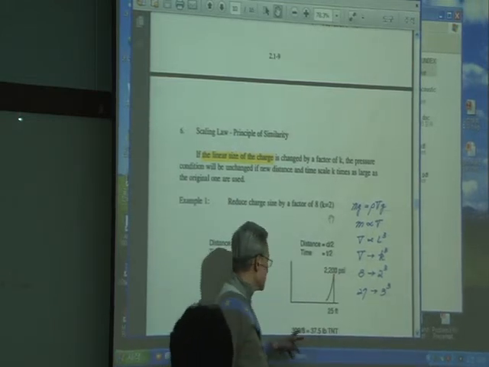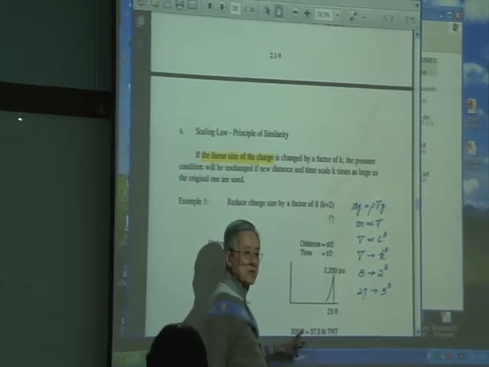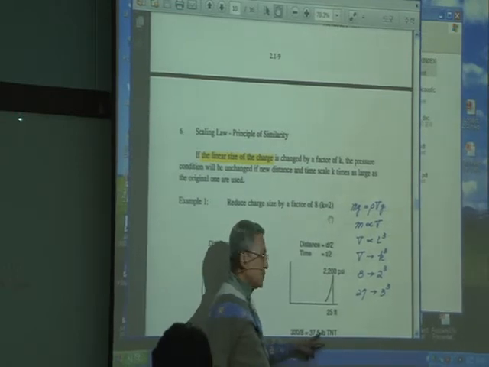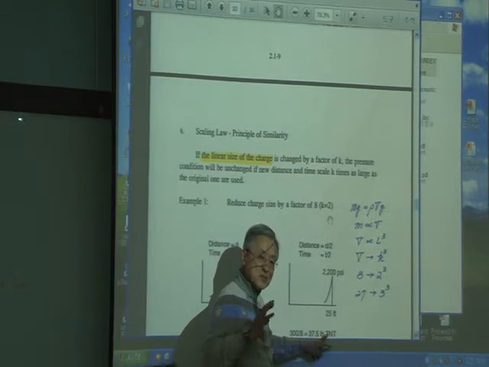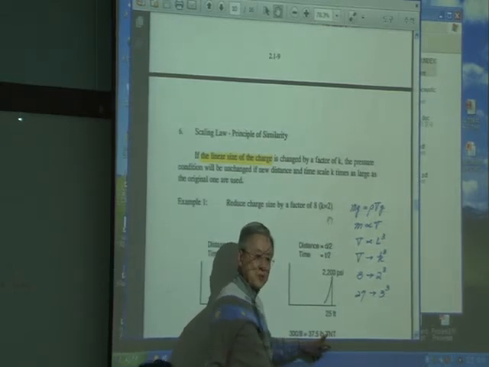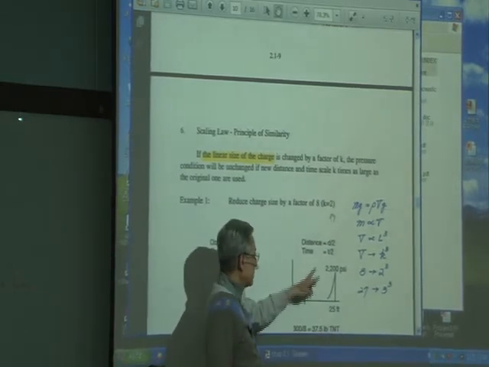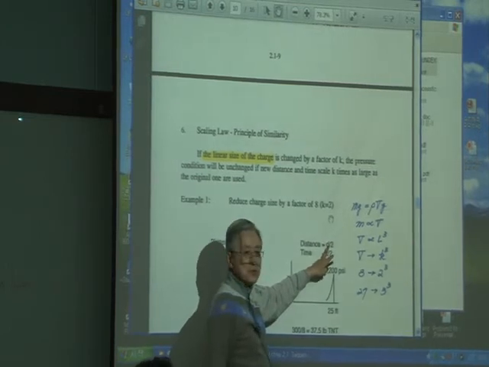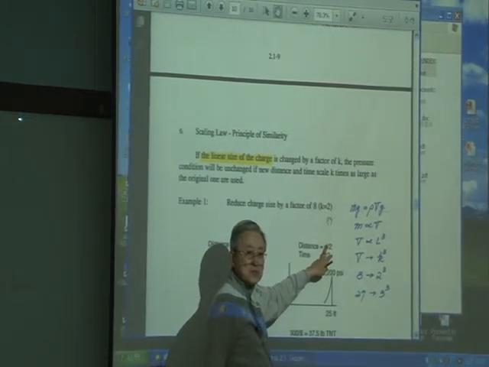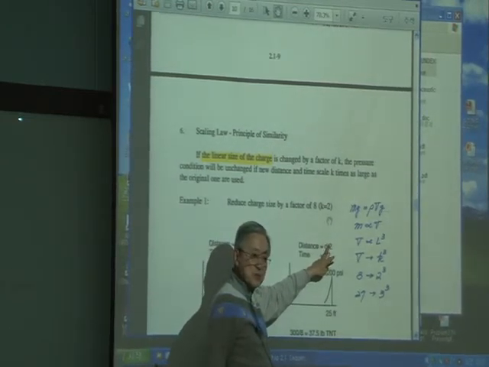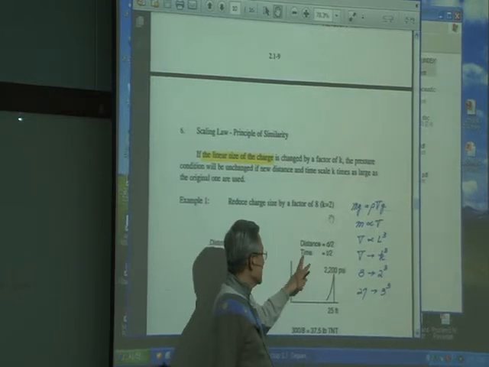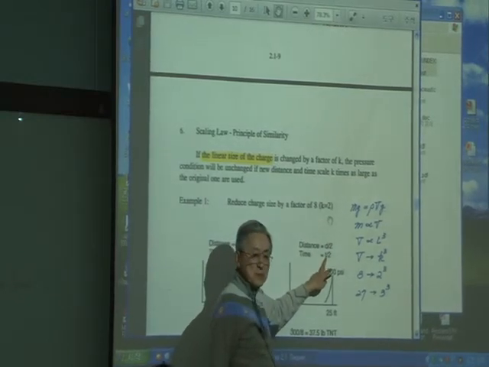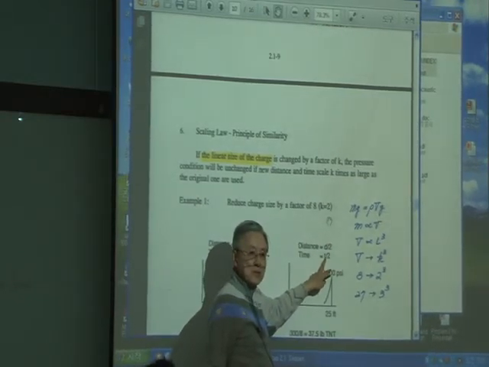When you reduce the bomb by a factor of 8, to 37.5 pound TNT, you can use it to maintain the same shock pressure. Same shock pressure, however, you have to reduce the distance by a factor of 2. The 2 comes as the K value is 2, the linear size, and time you have to reduce by the K factor, which happens to be 2.